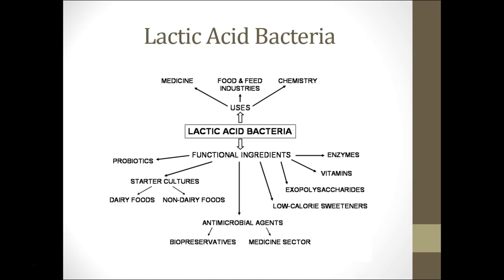Here we're discussing its use in the food industry, but it's also pretty important for medicine and other chemical compounds. The byproducts of lactic acid bacteria lead to probiotics. We use them in starter cultures. They can be used for antimicrobial agents. They also produce a bunch of different enzymes and vitamins, and a lot of those are used for fermentation.